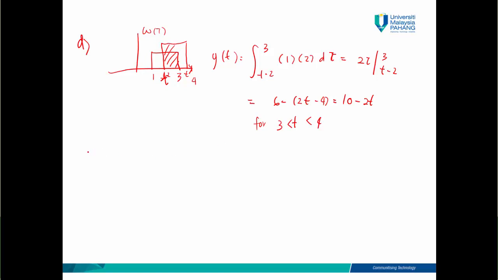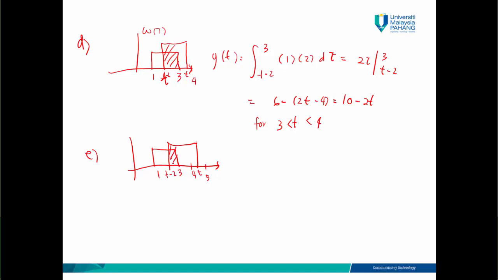Okay, and for the next condition, we slide t in between 4 and 5. So t is here. This one is t, this one is t minus 2.